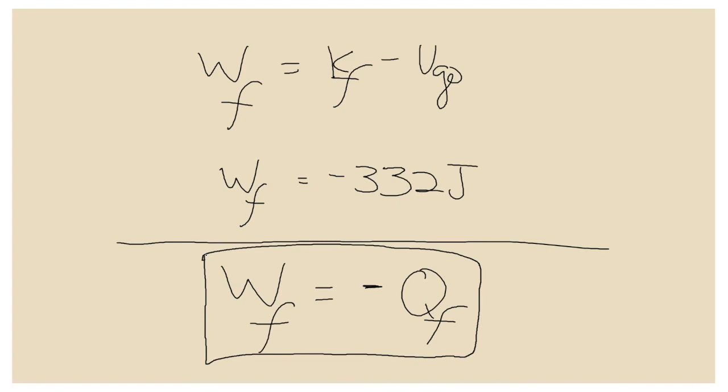Conversely, if they ask you for the heat, you can also just find the work done by friction. It's going to come out as a negative number because you're taking a final energy, which is smaller, and subtracting an initial energy, which is bigger. And so that by default is going to come out as negative. And then just negate it to find the heat. Now, obviously, negating a negative is going to make it positive, but you get the idea.